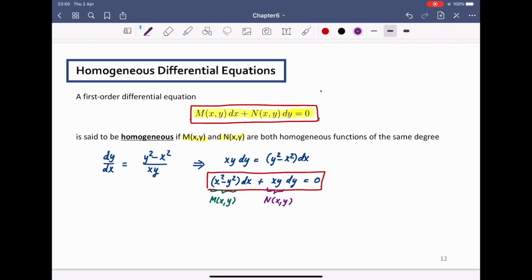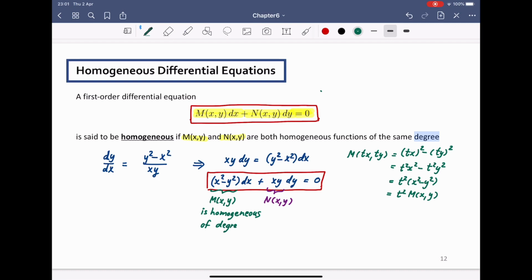In order to be a homogeneous differential equation, I have to make sure that M and N are both homogeneous. So let's compute M(tx, ty). This is (tx) squared minus (ty) squared, which is t squared x squared minus t squared y squared, and that will be t squared times (x squared minus y squared), which is t squared times M(x, y). So M is homogeneous of degree 2.